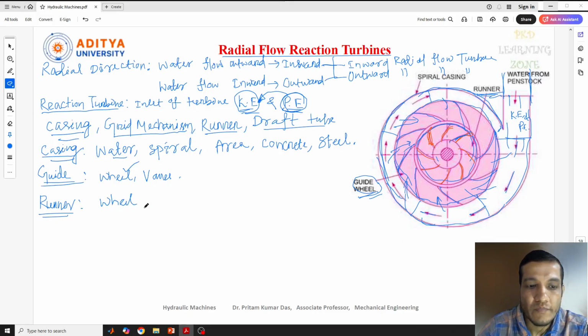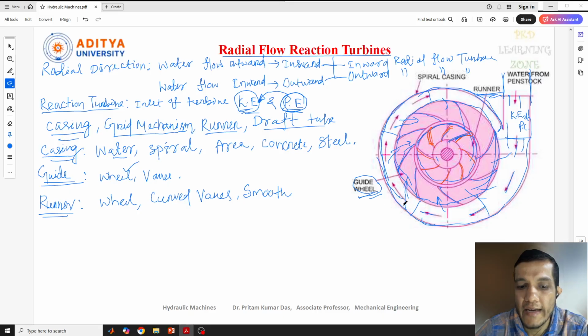In this, a number of curved vanes are fixed, the same as previously. These vanes are very smooth, and radial curved vanes mean the water enters and leaves the runner without any disturbance, without any shock.